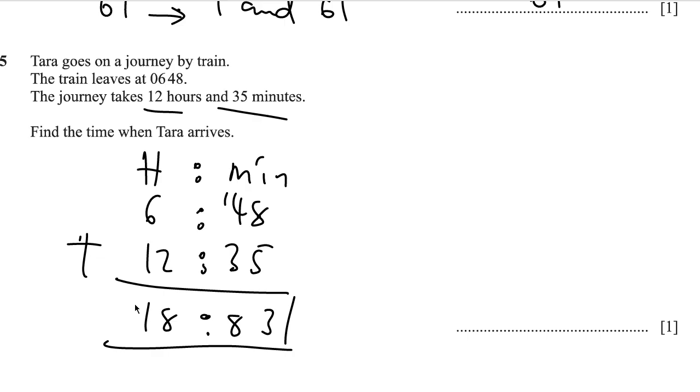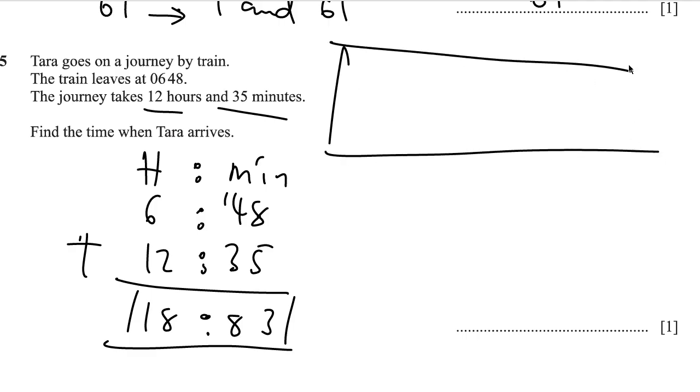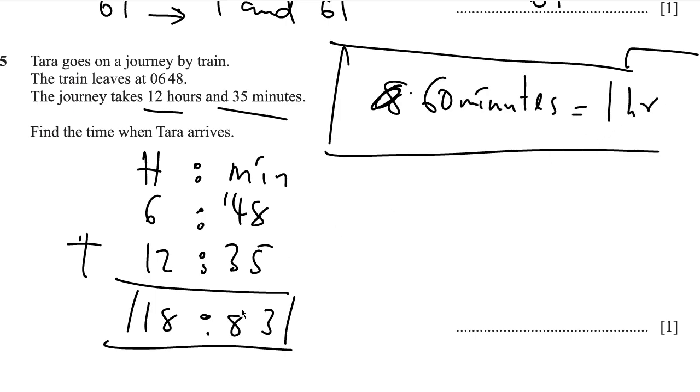So this is not the final answer because you can see that the minutes place has 83. And it's important to know that 60 minutes equals 1 hour, right? So we could get some hours from the minutes place. Since we have 83, we could split it into 60 minutes plus 23 minutes.